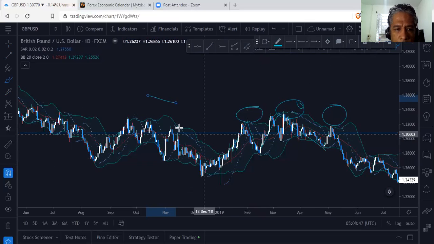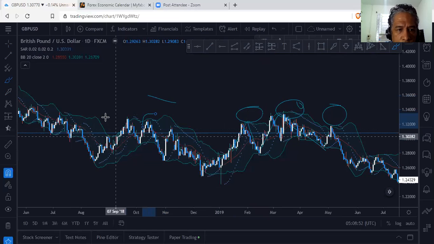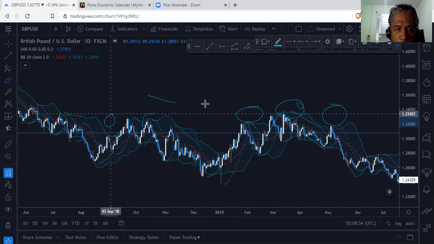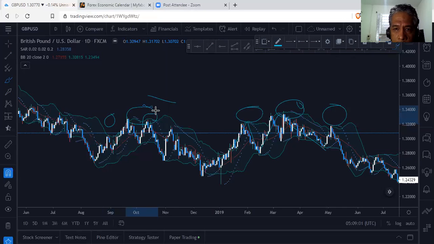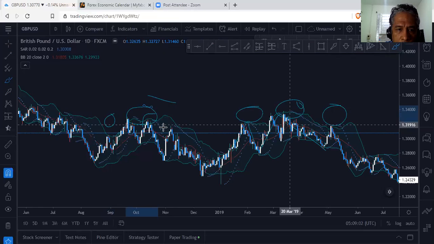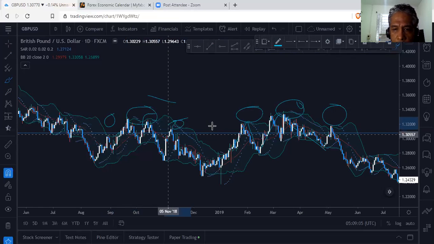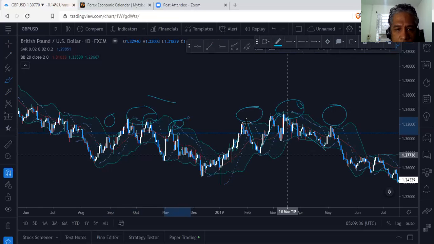Here we also have head and shoulder, but not so perfect. Left shoulder, right shoulder. This is the head with the M's, right? This is not a double top. This is the head and shoulder pattern.